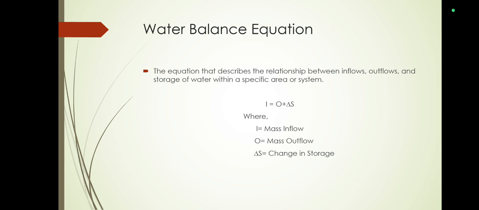This change in mass storage is affected by hydrological parameters like precipitation, surface runoff, net groundwater flow, evaporation, and transpiration. So the water comes through rainfall, goes through these phases, and then we can find the amount of change in storage.